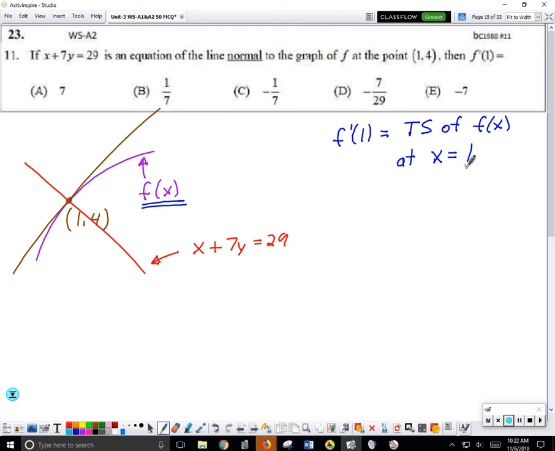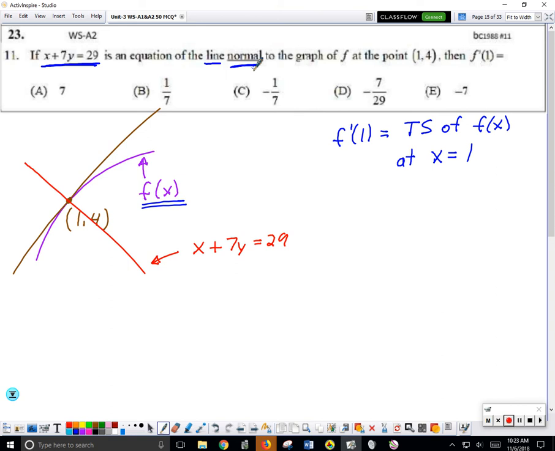I'm confused on where you get the red line. Gotcha. So if this is an equation of a line, the red line is the line that is normal. Normal means perpendicular.